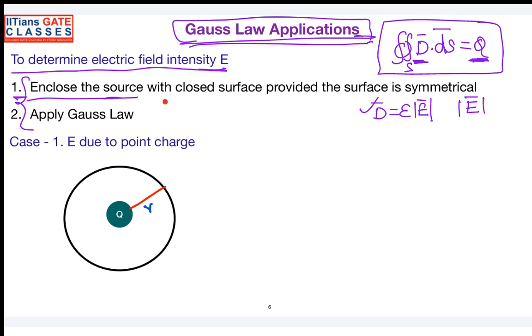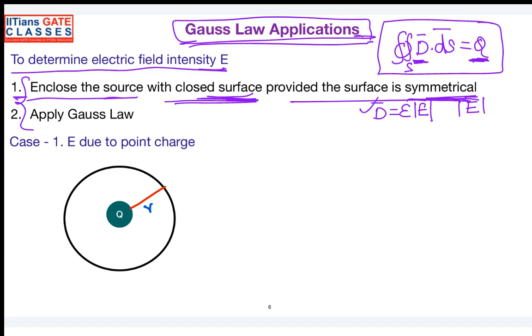So if we have a charge, the charge has to be enclosed with a closed surface and that surface should be symmetrical. By closed surface, I mean that the surface should capture the total flux. Whatever flux is generated from the source, if the closed surface is able to capture that, then only can you say it's a closed surface. I will explain the meaning of symmetrical later. And the second step is that you can straight away apply the Gauss law.